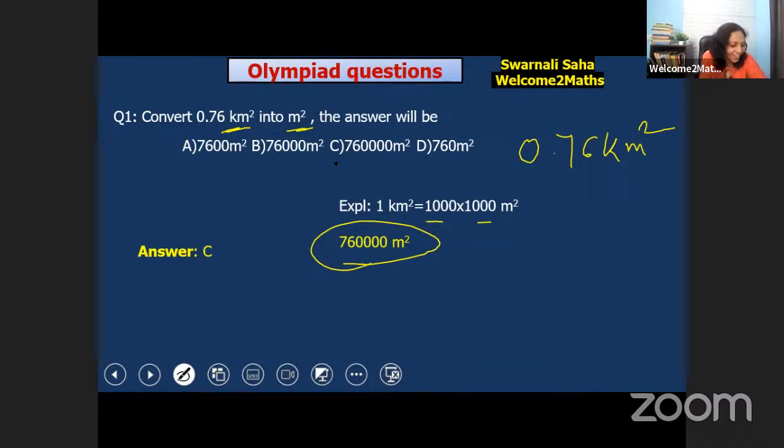C is the right one, not B, not D. Understood? We have to convert it into meter square, so C is the answer.